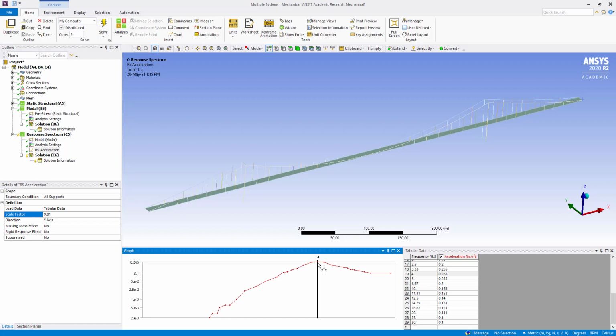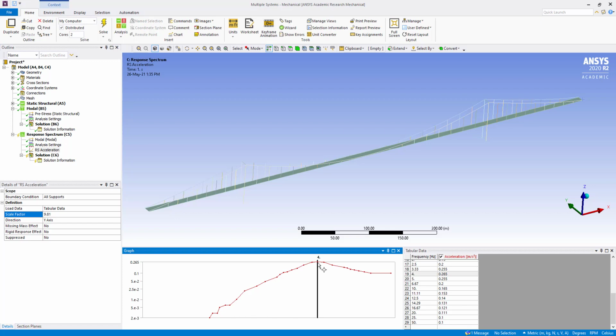All modes have frequencies less than the spectrum frequency, so this means all modes are in the low frequency region. Therefore, no rigid response or missing mass is needed, and our spectrum result should not be affected appreciably by having captured only 68% of the effective mass in the Y direction from the modal analysis.